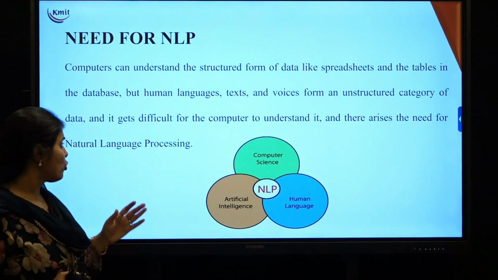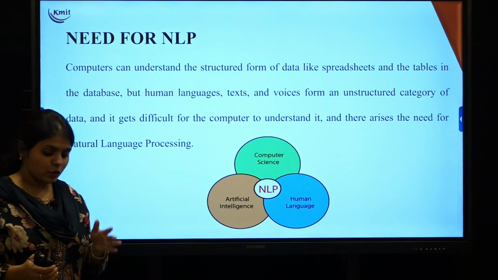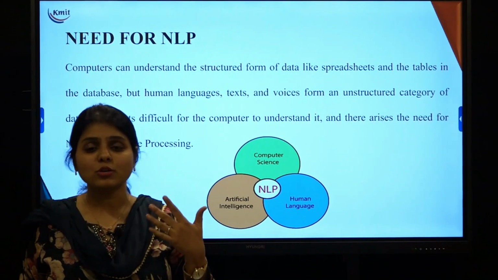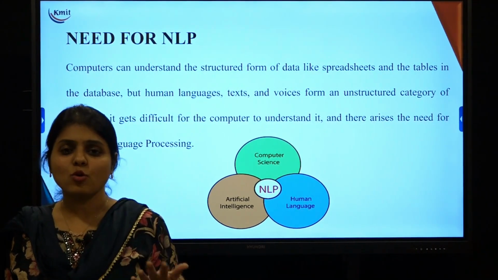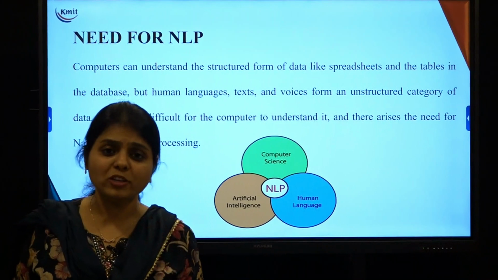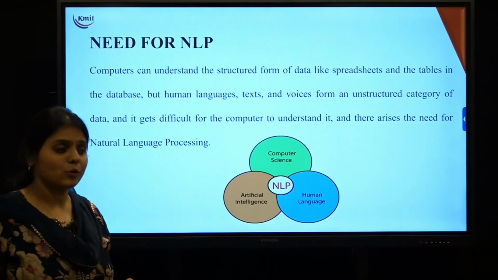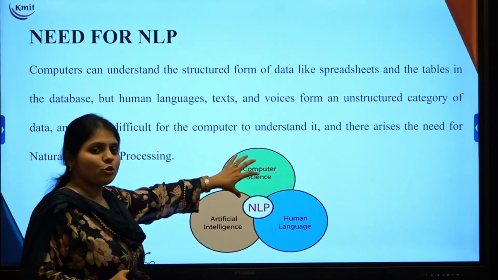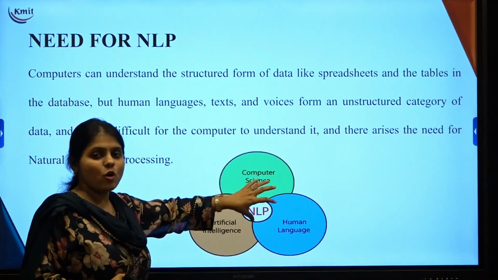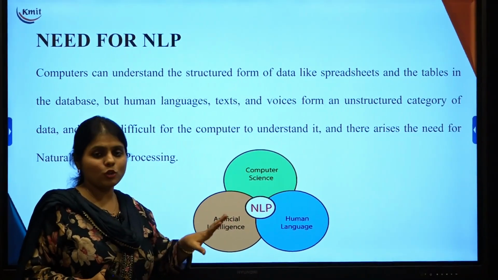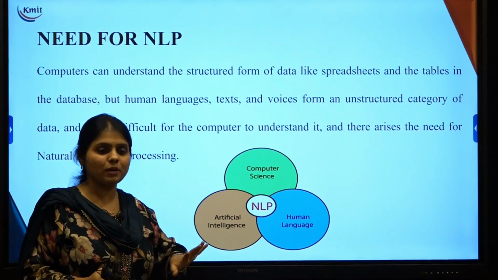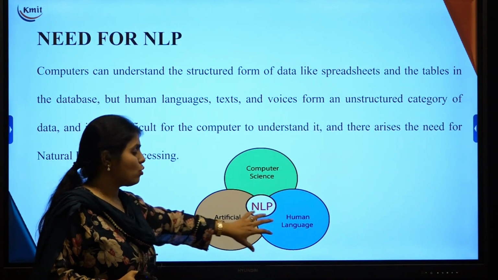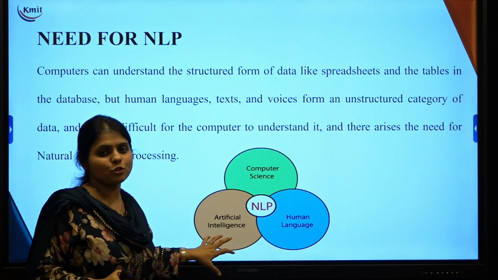When we talk about chatbots, text summarization, virtual assistants, all these applications have come into the picture only with natural language processing. When you talk about AI and computer science, AI is fulfilled not just with machine learning and deep learning, but only when human language comes into the picture.